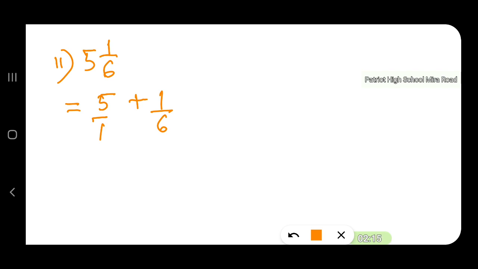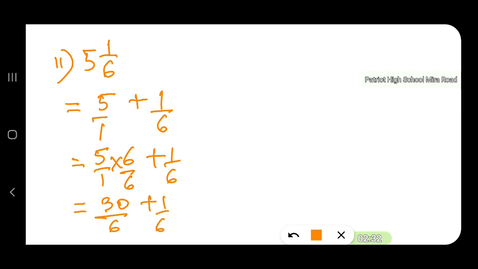Now we want a common denominator 6. So we multiply 5 upon 1 by 6 upon 6, which is nothing but 1, plus 1 upon 6. This is 30 upon 6 plus 1 upon 6. This is equal to 31 upon 6, which is the improper fraction. This is the answer.